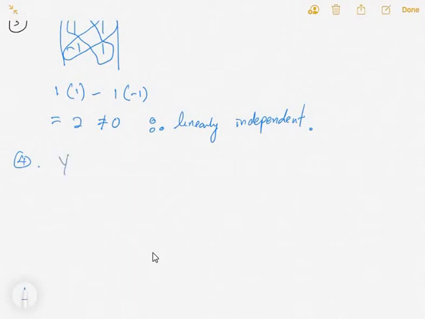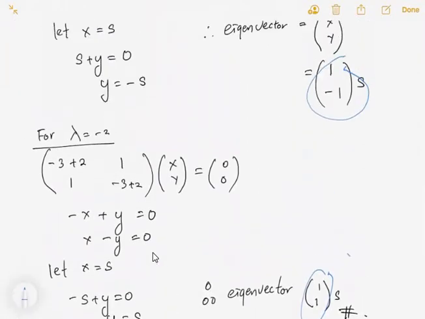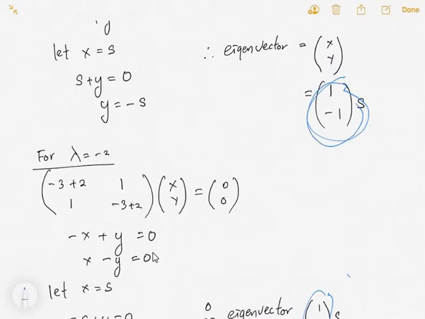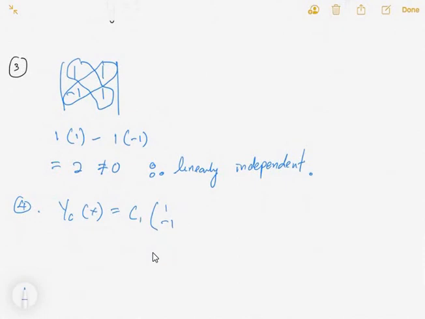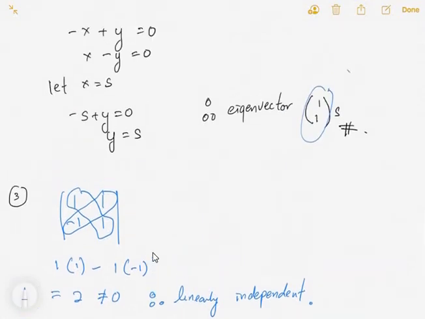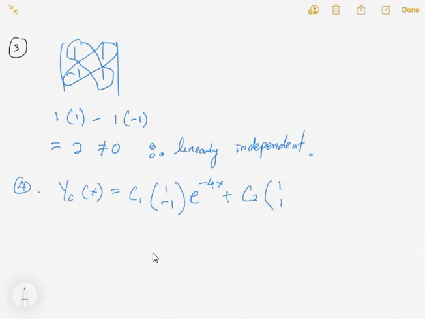So your y_c(x) is C1 times the vector (1, -1) exponent -4x plus C2 times the vector (1, 1) exponent -2x. So basically, this is for the homogeneous part. We only done for the homogeneous.